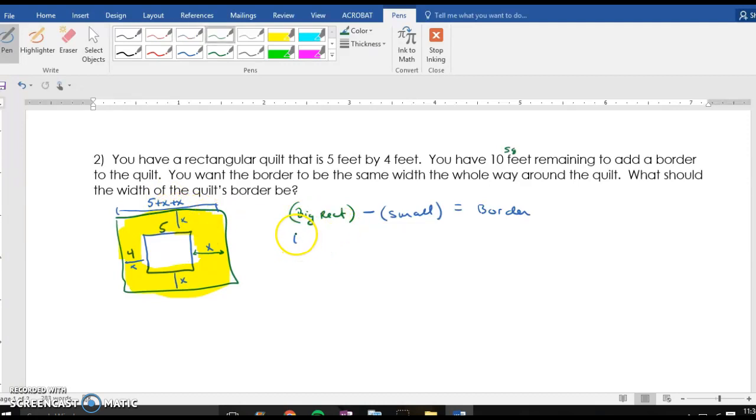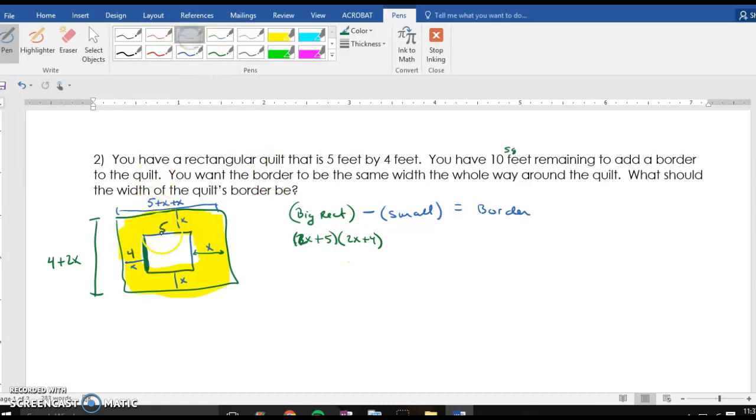So the area of the big one, we'll say 2x plus 5 times this side, which is going to have a length of 4 plus 2x. And the reason is you have this 4, but then you're extending it here x and here x. So now we're going to multiply that by 2x plus 4.